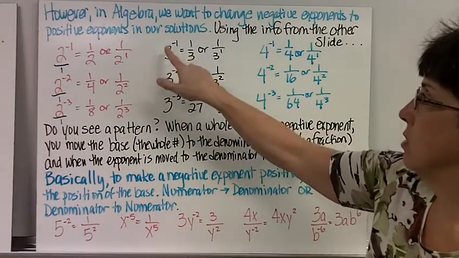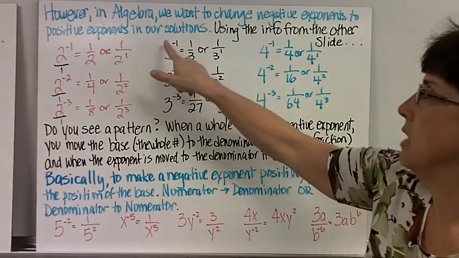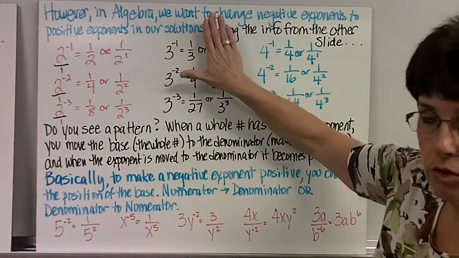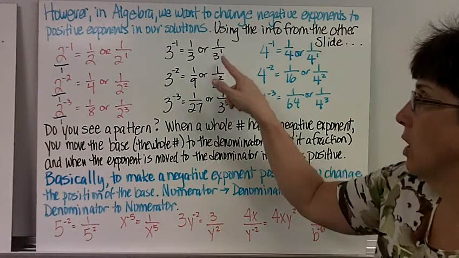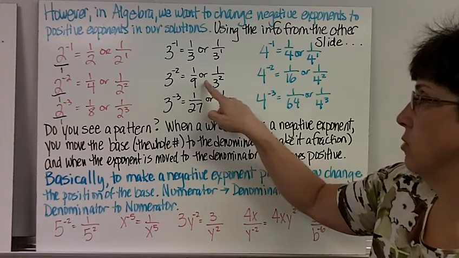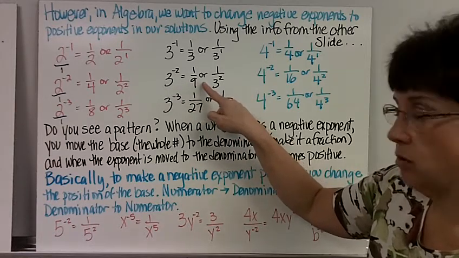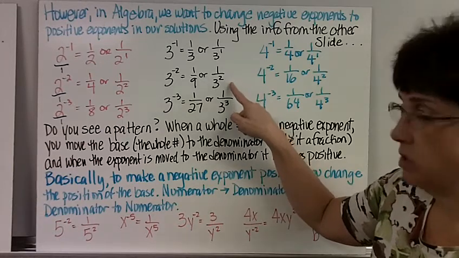So 3 to the negative 1 we said was 1/3, which could be written as 1 over 3 to the first. 3 to the negative 2 could be rewritten as 1/9. That's what we did on our other slide. And 9 can be rewritten as 3 squared, so 1 over 3 squared.